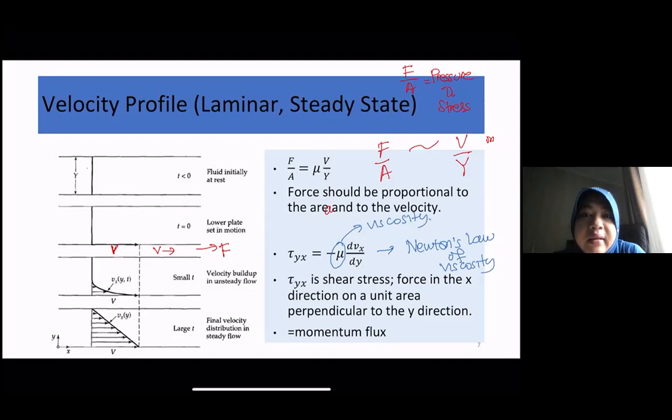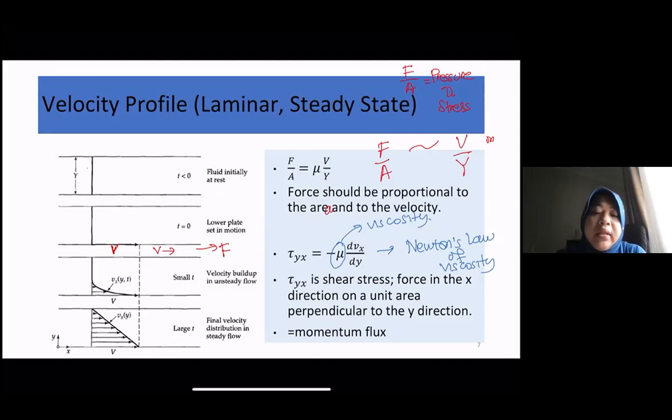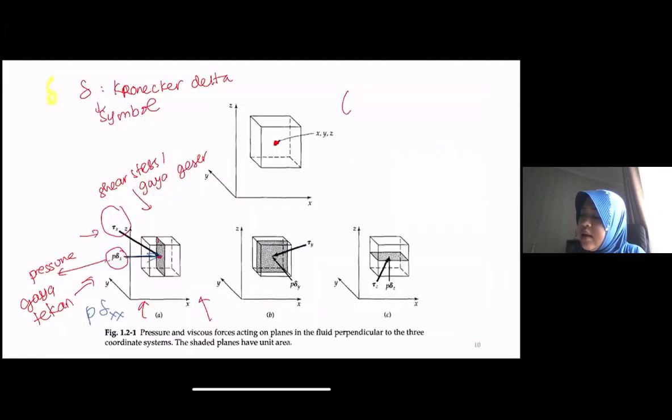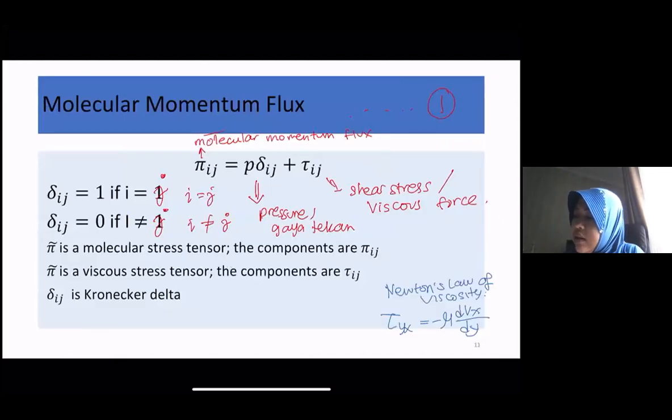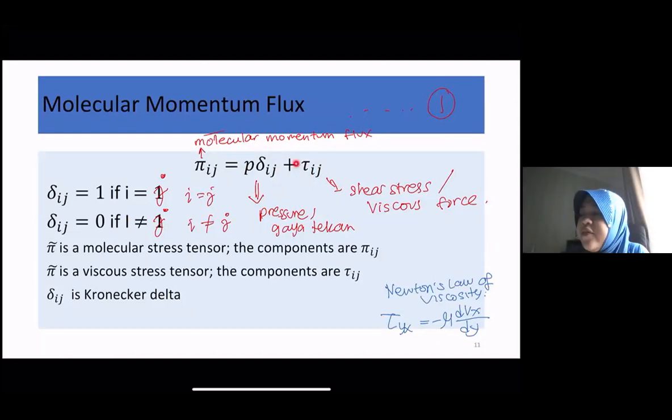Yeah. Okay, ma'am. In this slide, we only talk about the shear stress. But in the larger one, we can consider that there is a shear stress, and also there is a pressure. Ma'am, does shear stress always correlate with the pressure? No, it's a different thing.